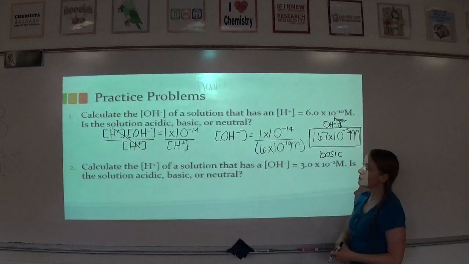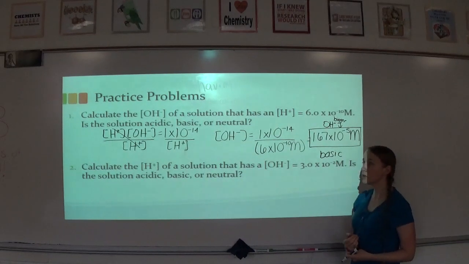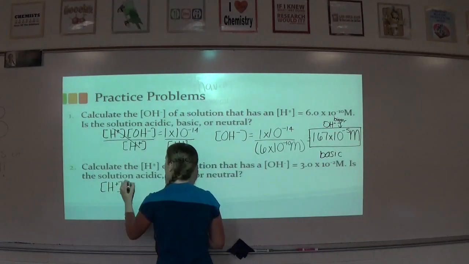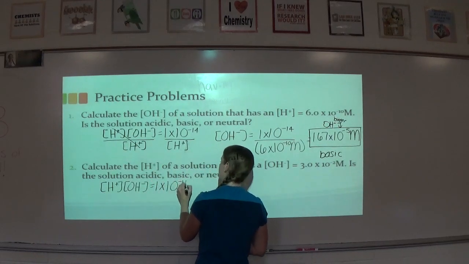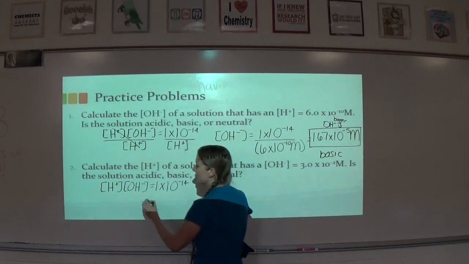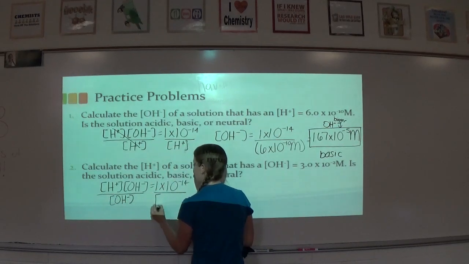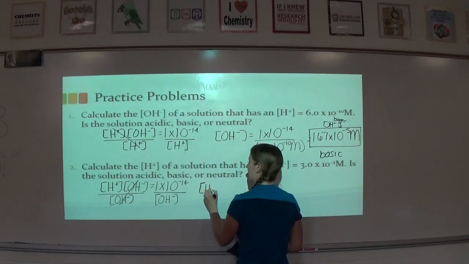It says calculate the H plus concentration of a solution that has an OH minus of 3 times 10 to the negative 2 molar. Is it acidic, basic, or neutral? So again, I'm going to start with my original formula. We're solving for H plus this time, so I'm just going to divide both sides by OH minus. Then I just plug in.